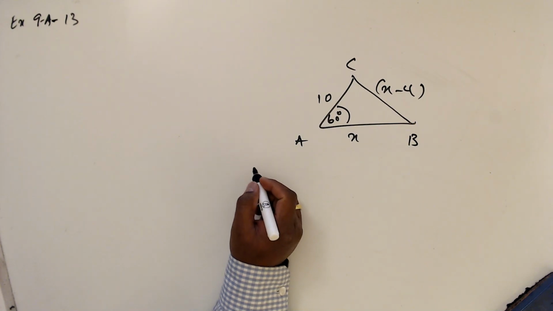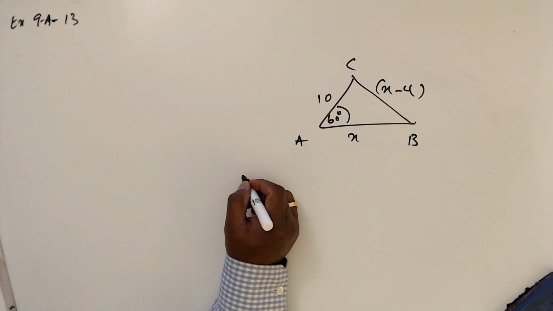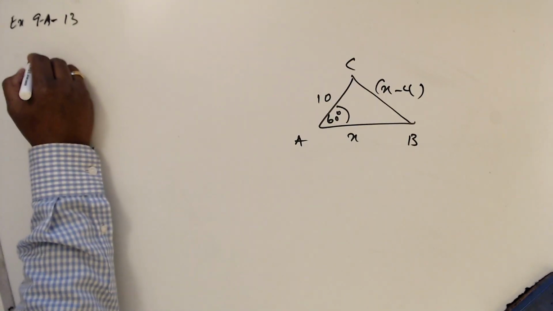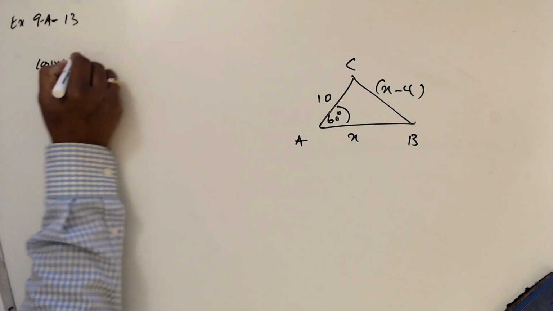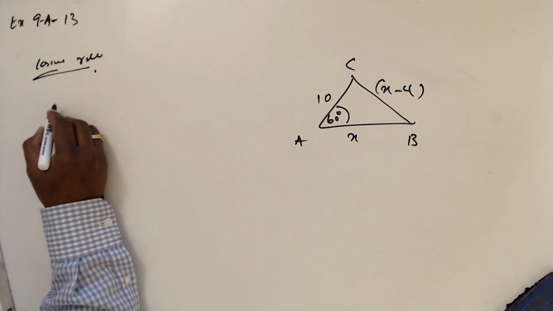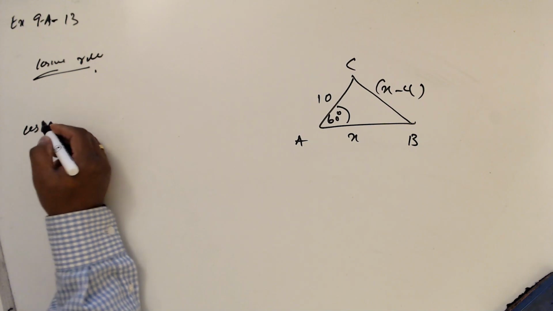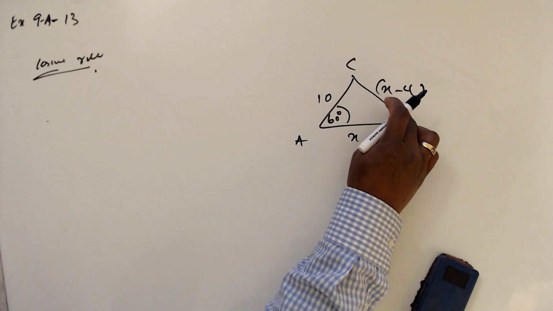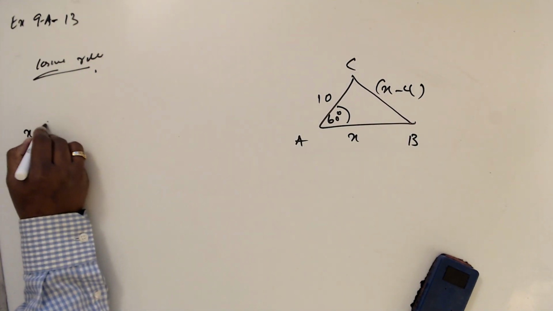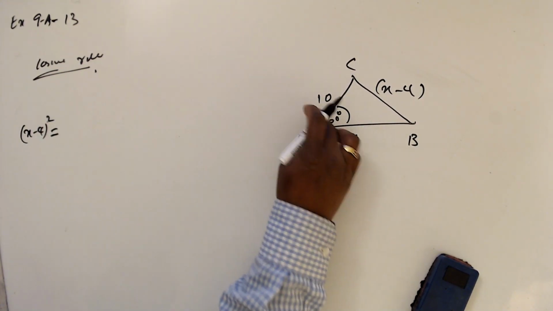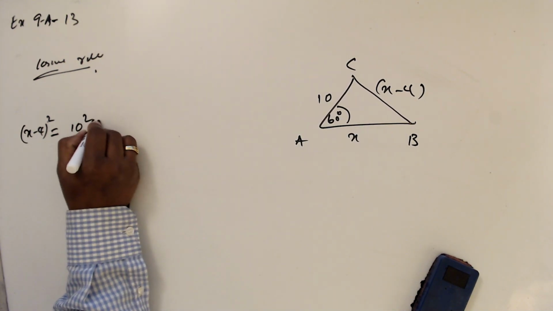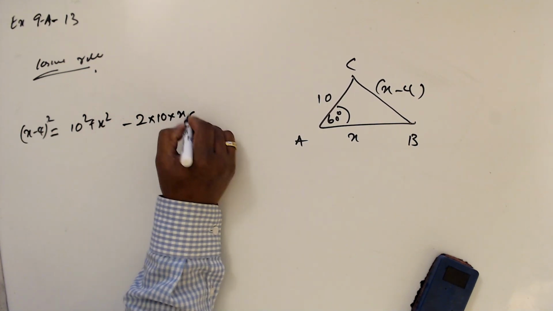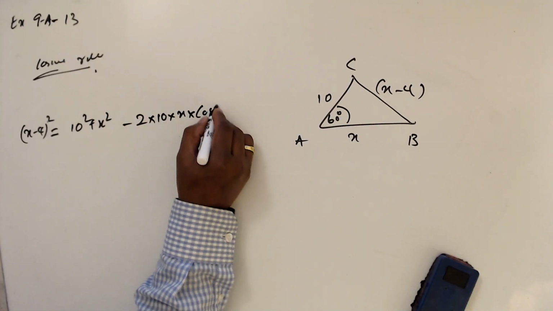For this one, cosine rule with cos 60 will work the other way around. So we can write (x minus 4) squared equals this one plus this one squared, 10 squared plus x squared, minus 2 times those two, 10 times x, times the relevant angle, cos 60.